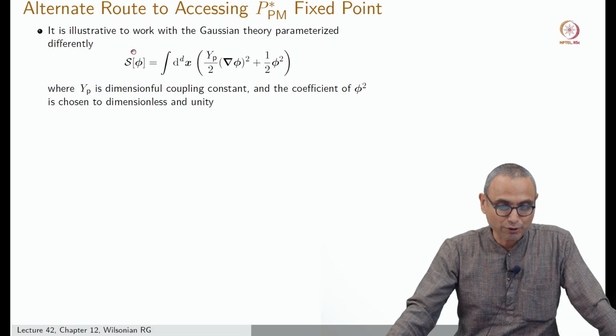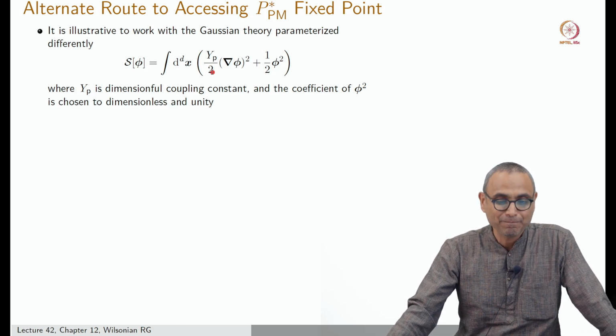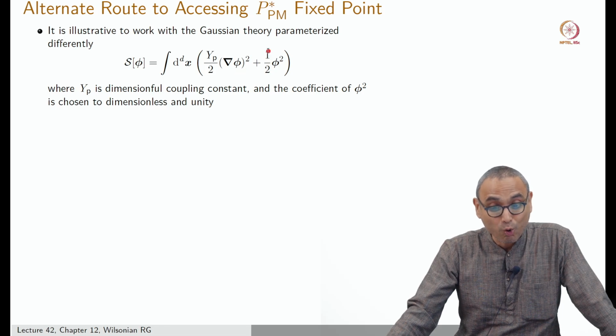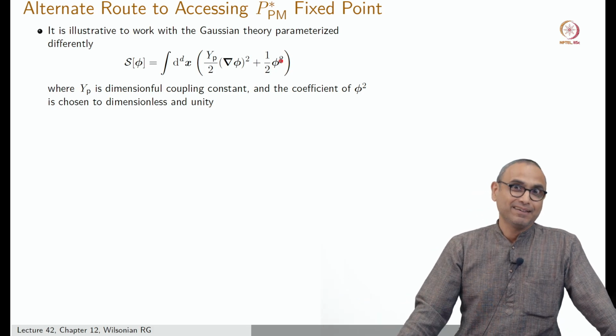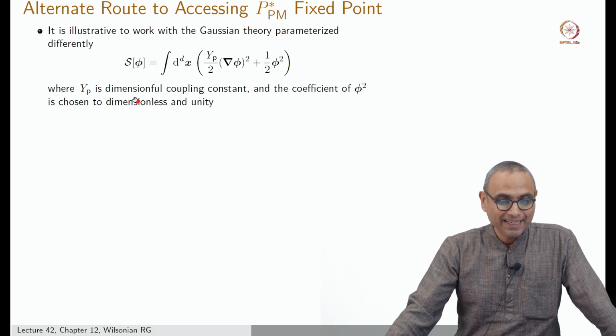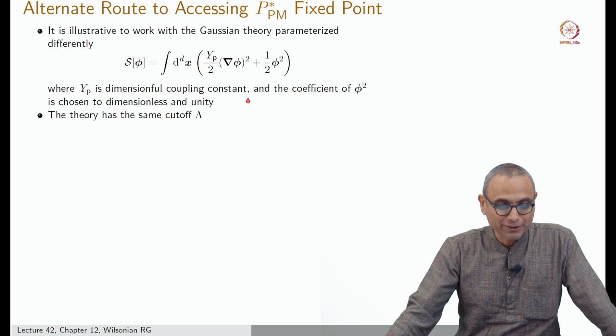So I start with S of phi, which is the integral d to the d x. Now I have a dimensionful coefficient, that is why it is called yp, to say it has physical dimensions, times del phi square, and now what I do is I keep the coefficient of the phi square term to be 1. Okay. Now yp is a dimensionful coupling constant as we just saw.